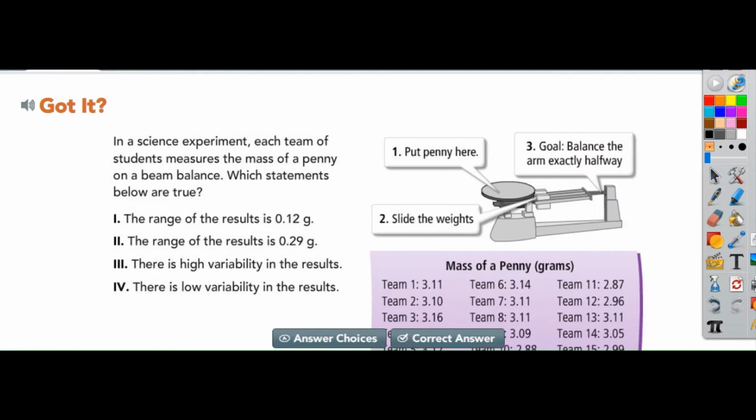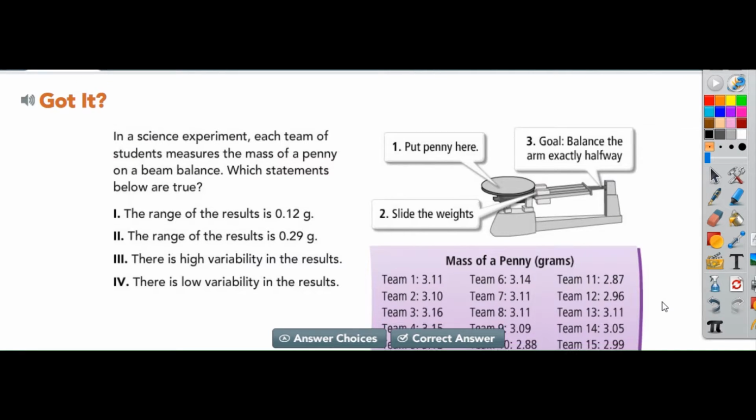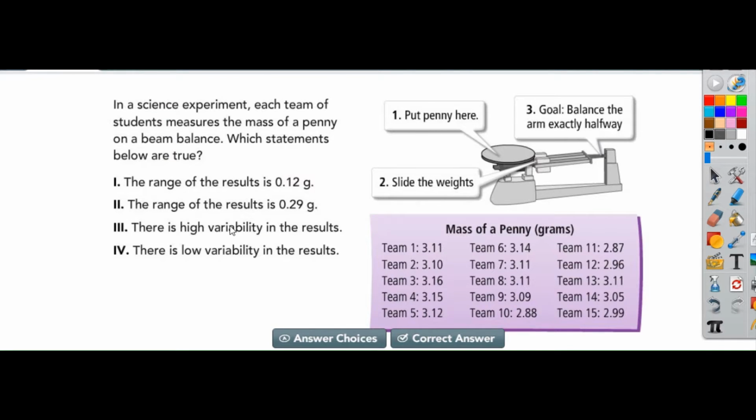And the last question, go ahead and answer this question in your notes book. So you have to pick the statements that are true. So if you look at the statements, you have two numbers for range. Please don't pick both of them. You have high variability or low variability. Please don't choose both of them. You're either going to be high or low.